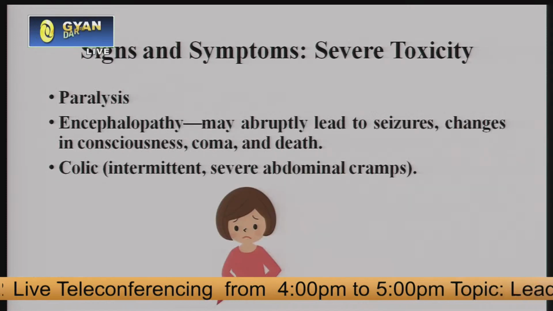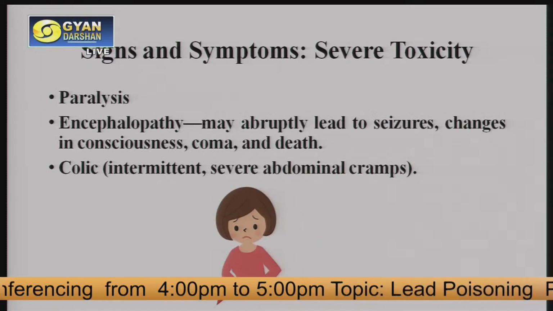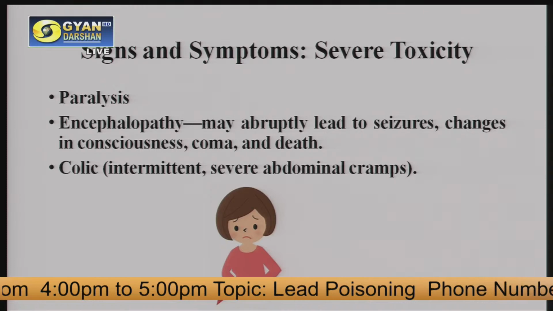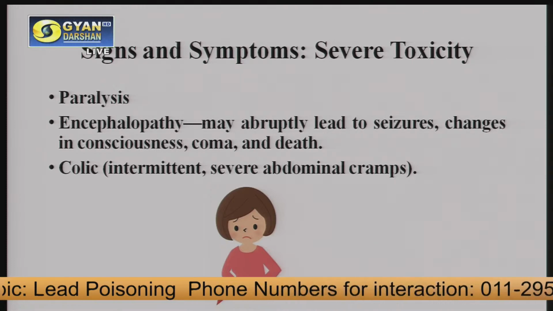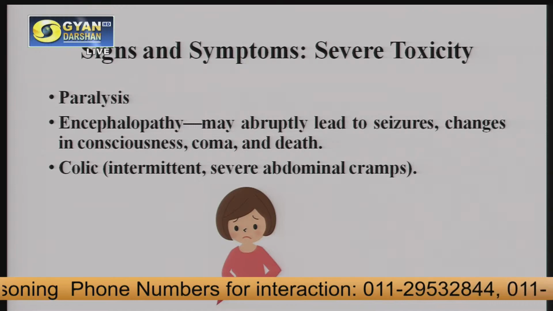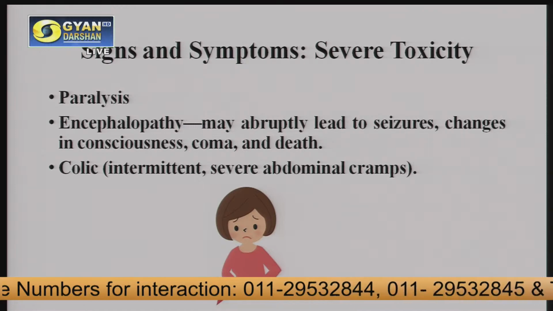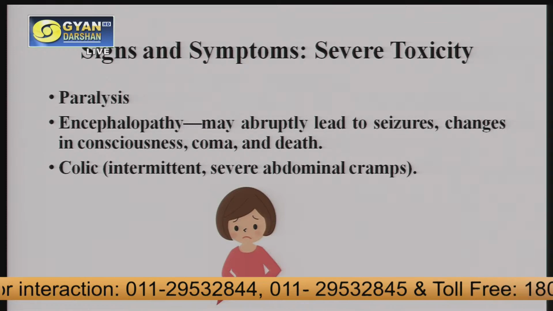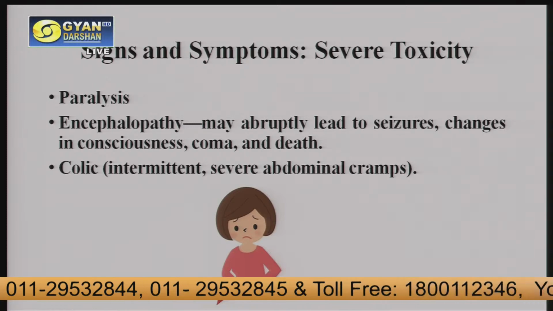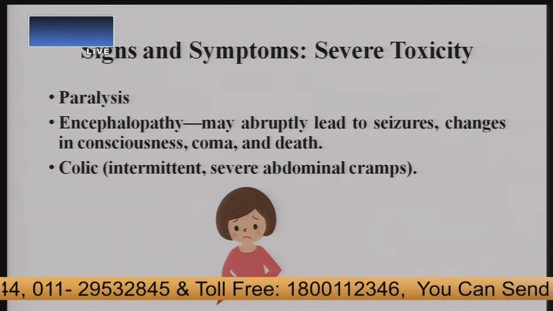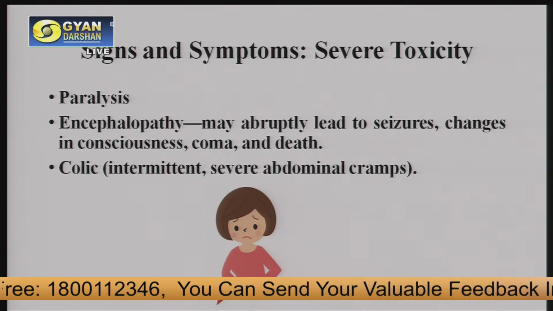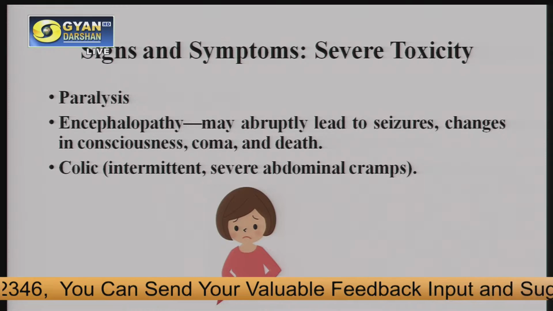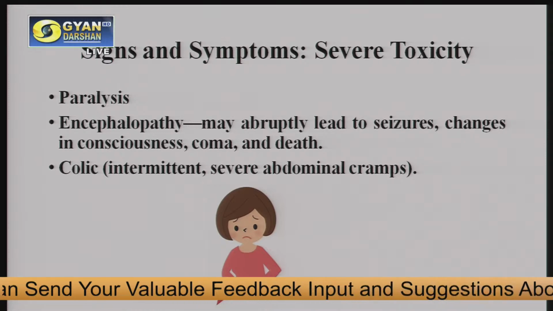And what happens if you are constantly exposed to lead all your adult life? Then you develop severe lead toxicity. So this can be very, very harmful. It can lead to paralysis. It can lead to encephalopathy, that is, it will damage the brain, and it can lead to seizures, which can cause coma and even death.